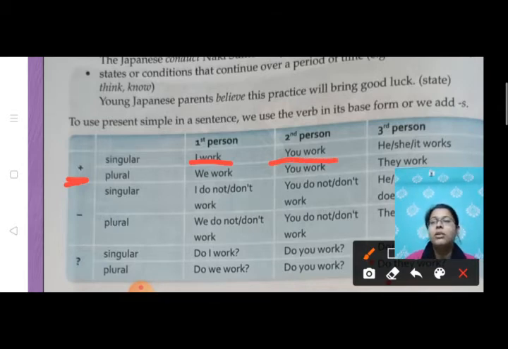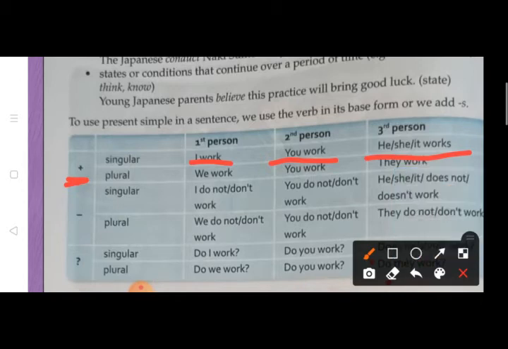You can see the verb work doesn't end with s because we are talking about first person and second person. But when we are talking about third person singular, we have to write he, she or it works. So students, here you can see that we have used the verb base form, that is work, for first and second person singular. But for third person singular, we have added s to the verb.